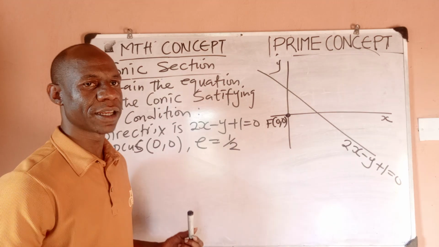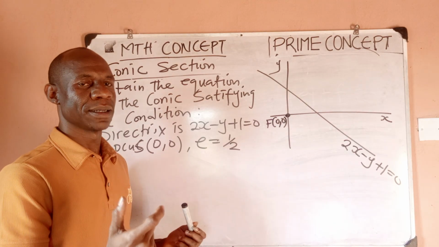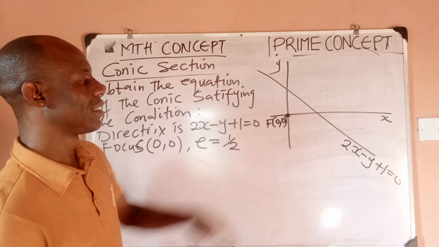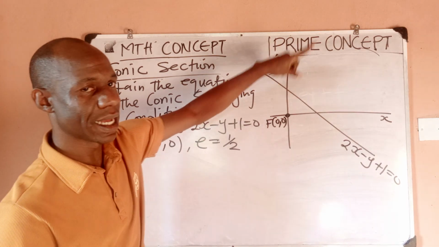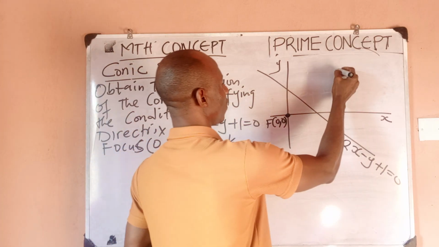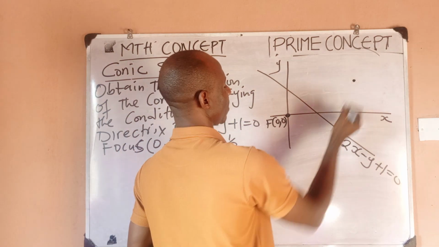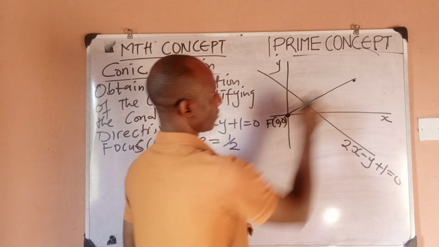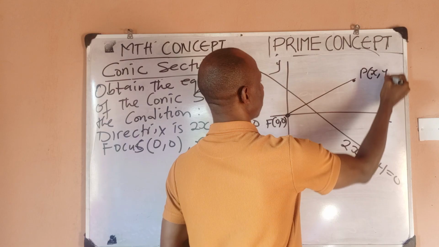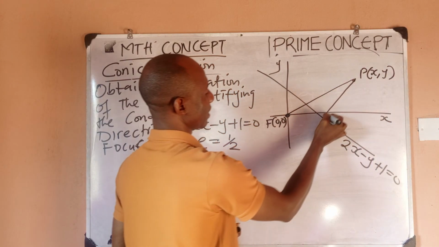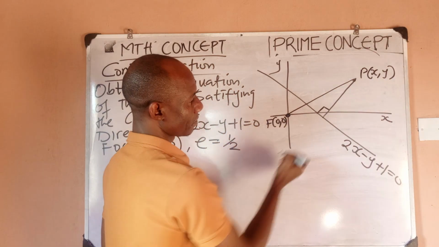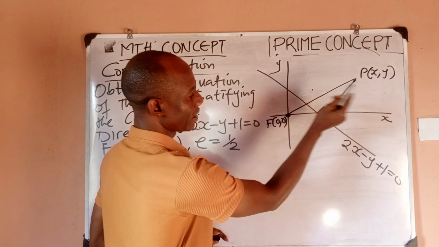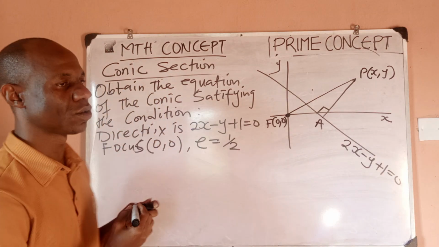Now, what is a conic? A conic is a path traced by a point such that there is a constant ratio between the distance from that point to the focus and the distance to the line. If we pick some random point here, it would mean that the distance from F to that point P, which has variables x and y, and the perpendicular distance to some point A on that line, have a ratio that is a constant, which is what we mentioned.